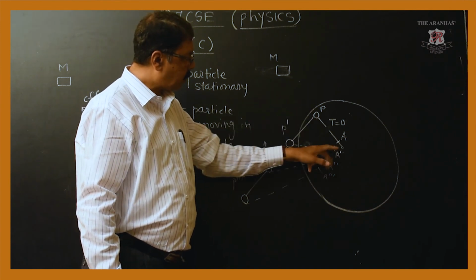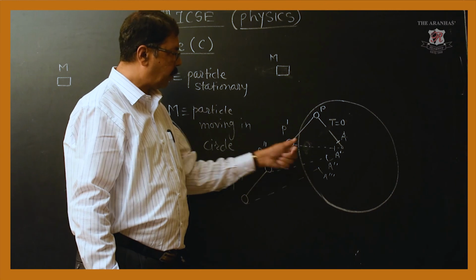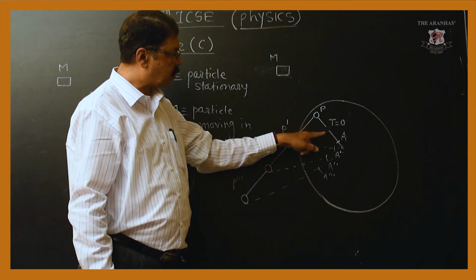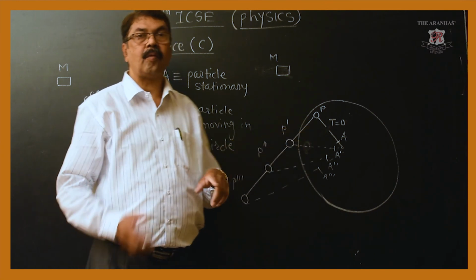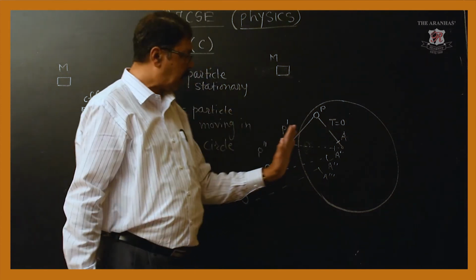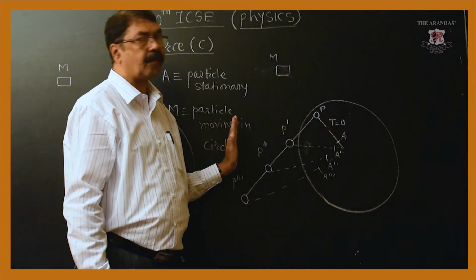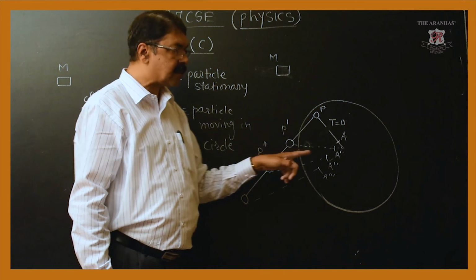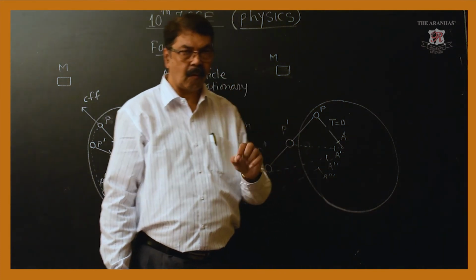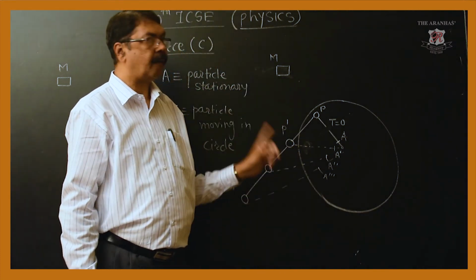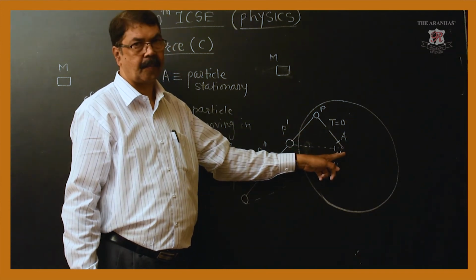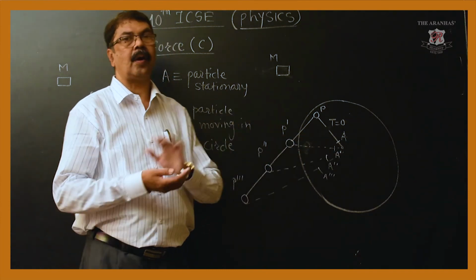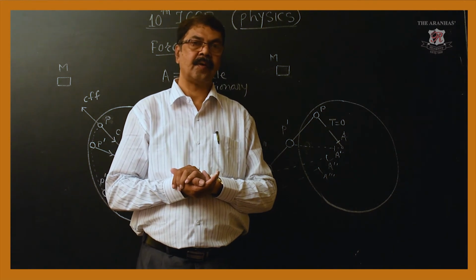For this person, the particle is moving away from him because the moment this was broken, the centrifugal force took over and it is throwing the particle away from that person. It means that there exists a force which is directed away from the center of the circular path. That force we call centrifugal force.